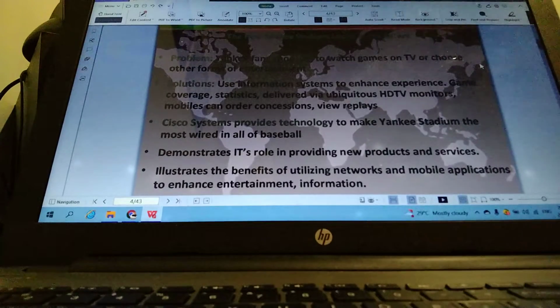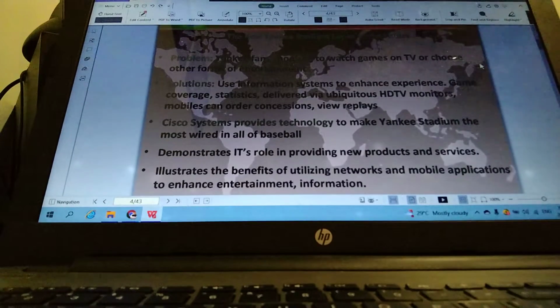Cisco is a networking service provider in the US. They are going to share their technology in order to make this stadium a fully high-tech stadium for the viewers. And also we can demonstrate IT's role in providing new products and services.